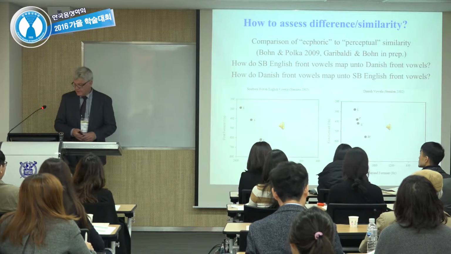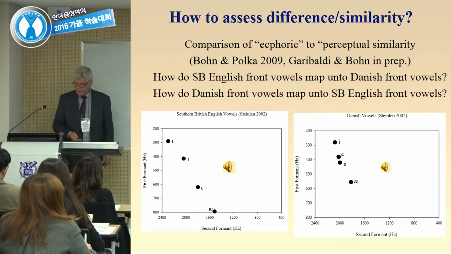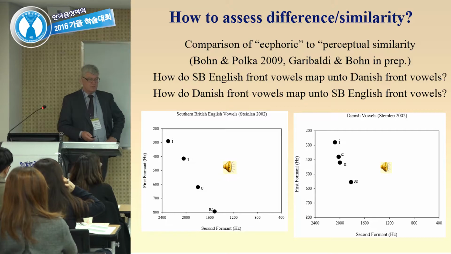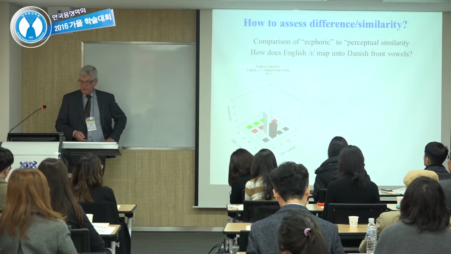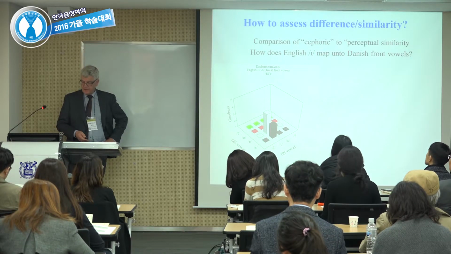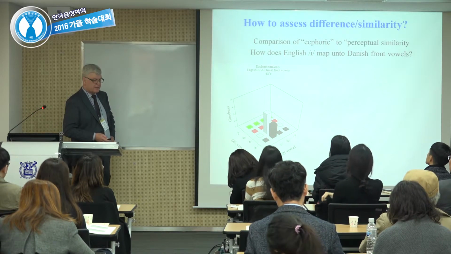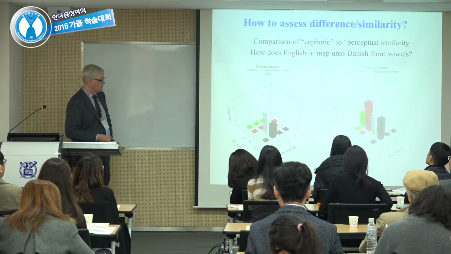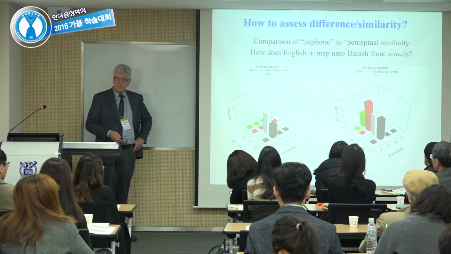Okay, so what we did here, I'll just present one result where we looked at how this vowel, Southern British English ear, maps onto Danish, okay, in terms of both ekphoric and perceptual similarity. So in terms of ekphoric similarity, it's clear that the preferred label for this in Danish is the second highest front vowel, namely e, Danish e for English ear. When we look, however, at perceptual similarity, it looks different.